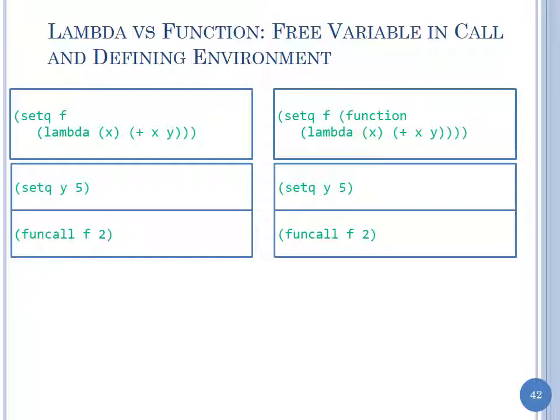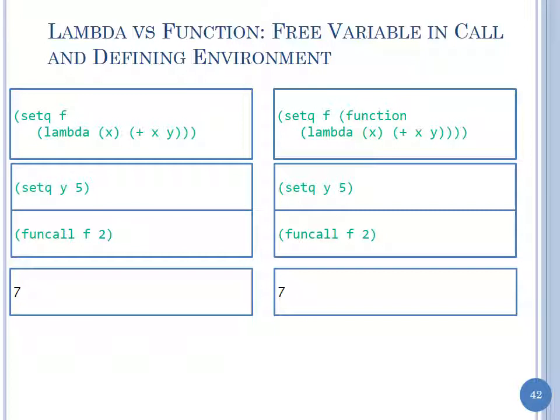The defining environment is the calling environment, so it should give the same result. Okay? We could change the semantics to be more ML-like and create a copy, but we are not doing it.